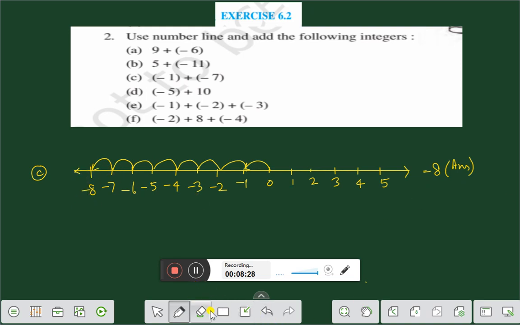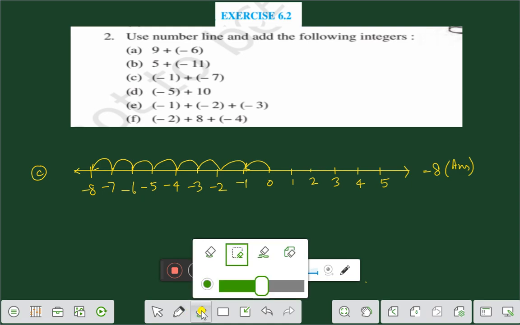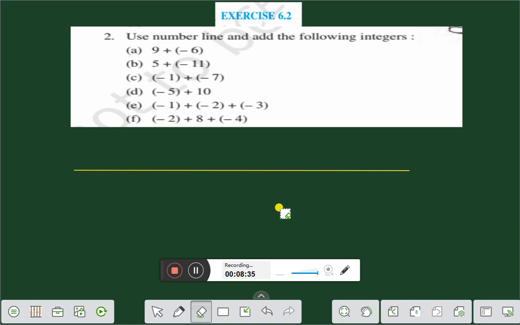Now we will solve question number D. Again we are making another number line. Question number D is minus 5 plus 10. From here we will count 0. This is a number line. Minus 1, minus 2, minus 3, minus 4, minus 5.